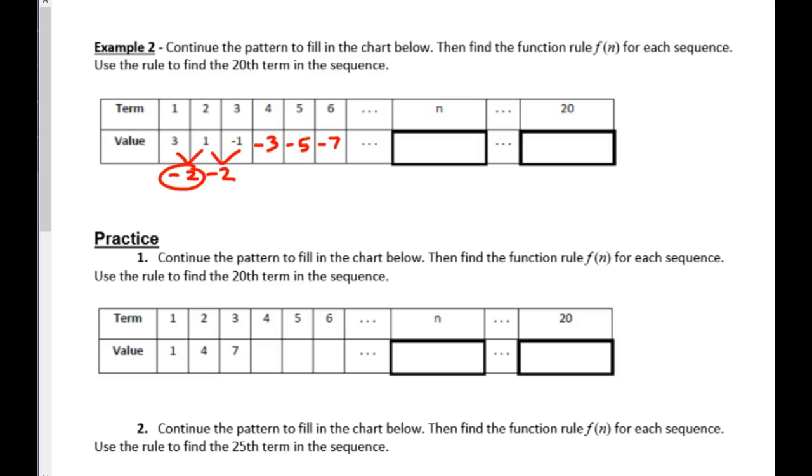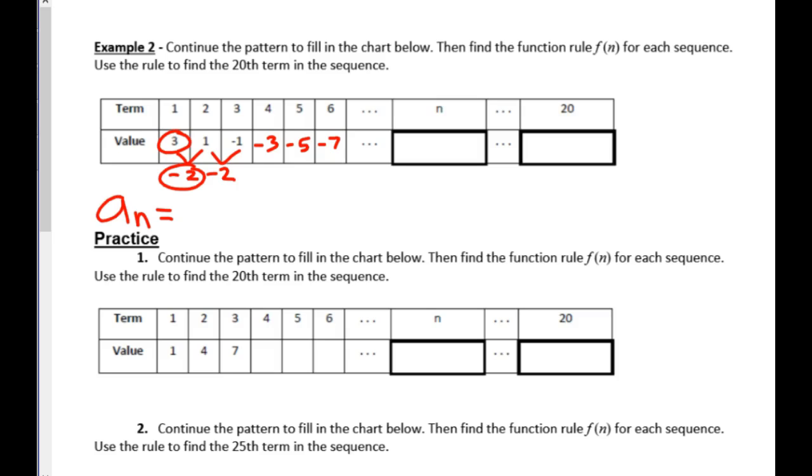So that's your change. What else do I need to know? Right, well, before we get to the formula, we identify the change and also the starting point. Okay, so it starts at term 1 at 3. Okay, so when we write our formula, it's going to be a sub n equals, so which number do I write first?